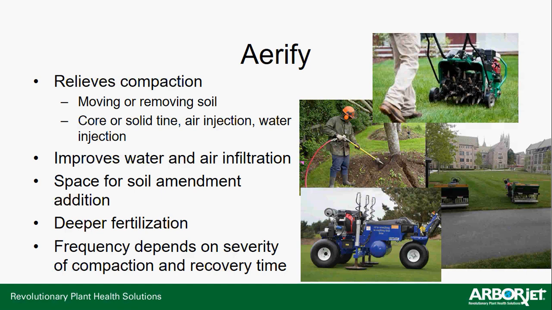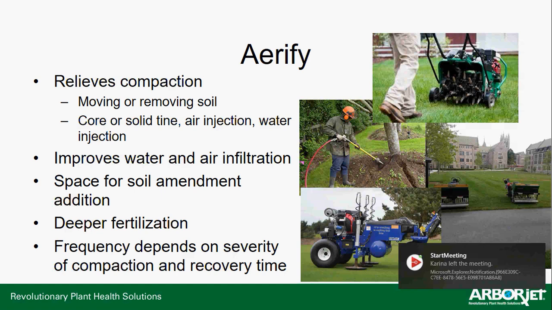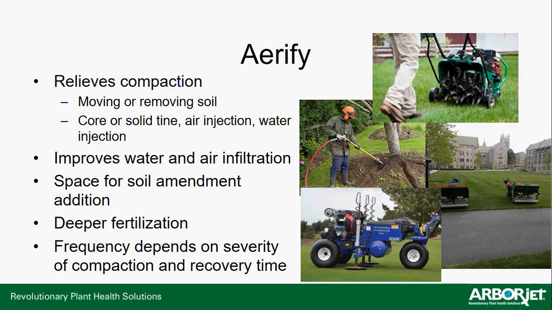Those get jammed into the ground, pull out and remove what people call a core of soil, and discharge that, and you go across your lawn or your green or fairway or wherever you're trying to aerify, and actually remove product from there, allowing what's left to spread out and become less compacted.